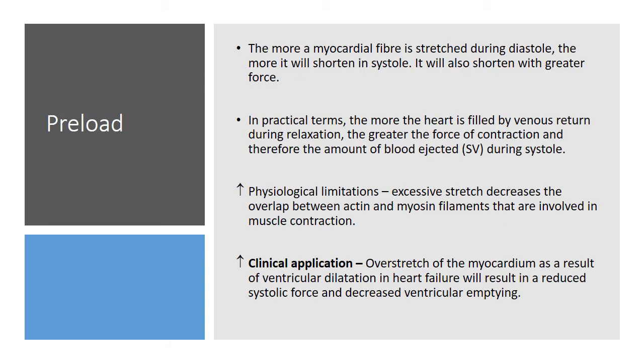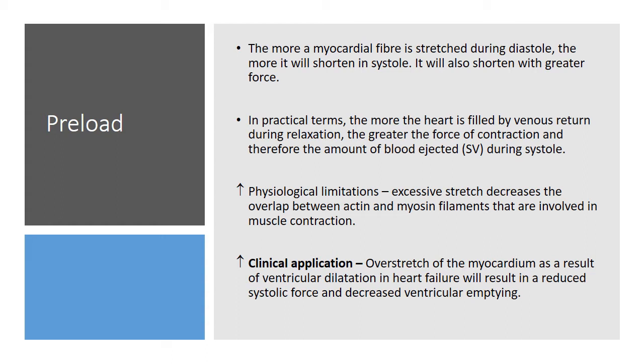The first of these three concepts or factors that affect stroke volume then is preload, and we can understand this as the amount of stretch imposed on the myocardial tissue during diastole. So as the heart refills with blood, it needs to stretch the myocardial fibers in order to increase the force of contraction.